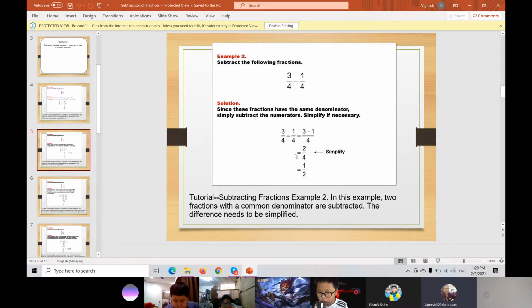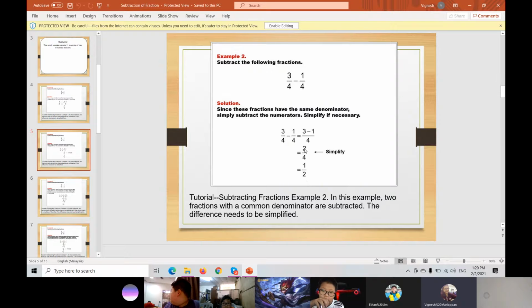Until here can you understand or not? Actually, why did teacher say we cannot put the answer like this, 2 over 4? Because we still can make this fraction smaller.